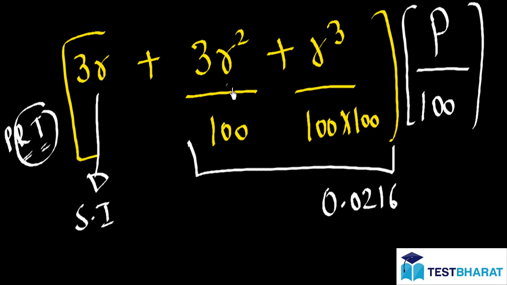Here R square, 6 square, is 36, 36 into 3 is 108, and adjusted for decimal places, just divide it by 100, that will give me 1.08. And this is 3 into R, R is 6, so 6 into 3 is 18. So in comparison to 18 or 1, this 0.0216 is negligible.